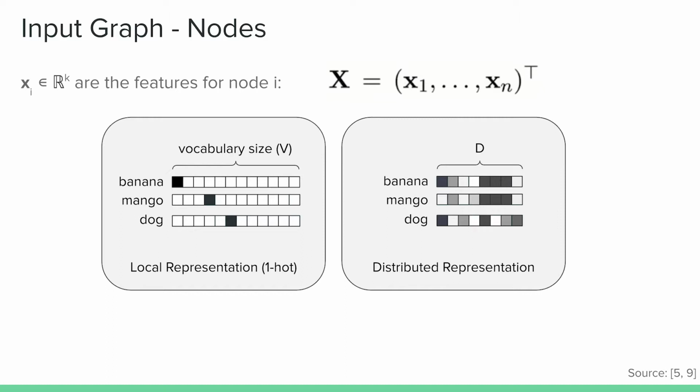For example, banana is the first one, mango the fourth one, etc. The problem that we have here is that there is no relationship between a banana and a mango. So if you compare them in this V-dimensional space, banana and mango wouldn't share any features.